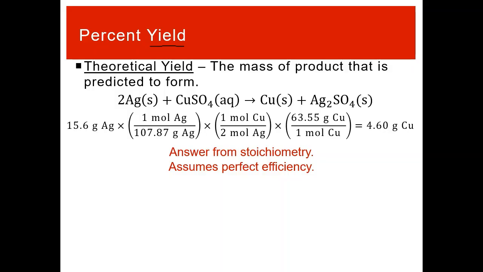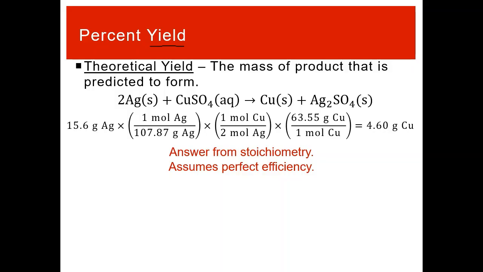That also means whenever we need a theoretical yield, we can do that calculation ourselves. For example, that silver copper problem we did, if you wanted that theoretical yield, we've already calculated it. You do not need to do an experiment or anything like that. You can always get a theoretical yield yourself. These numbers correspond to perfect efficiency.